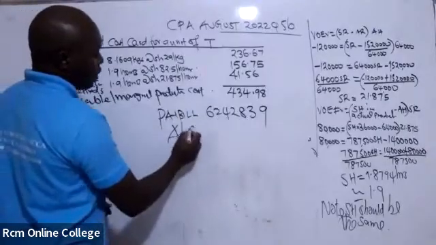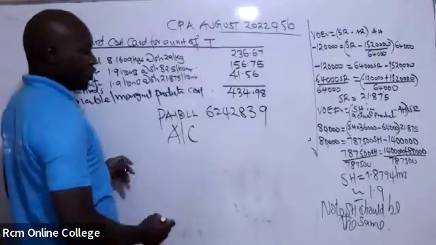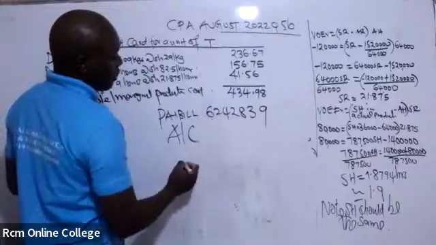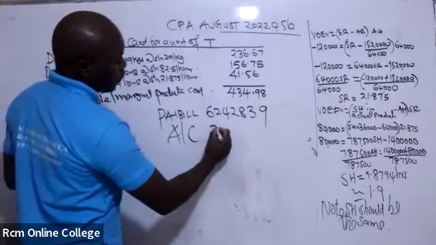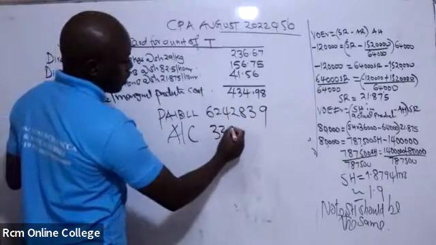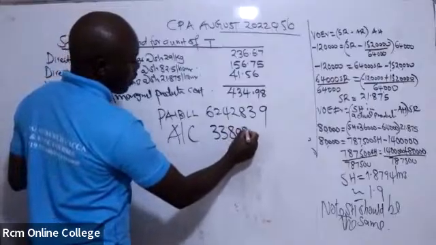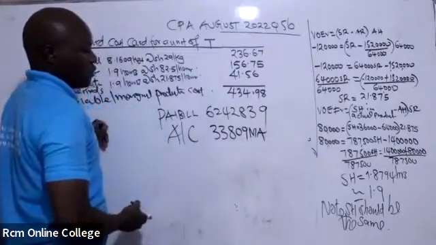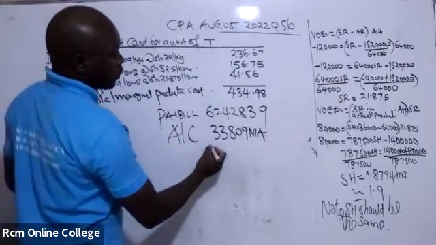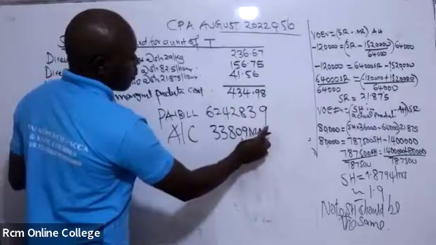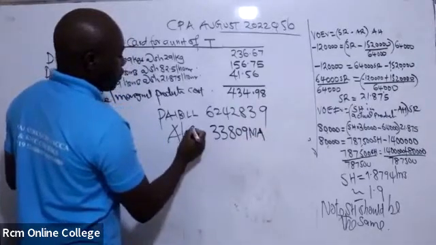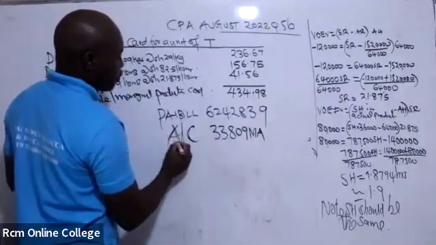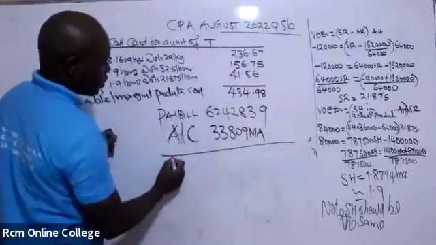Account number, please just indicate 33809 MA. By doing that, you'll be able to understand your interest. Just pay that amount.